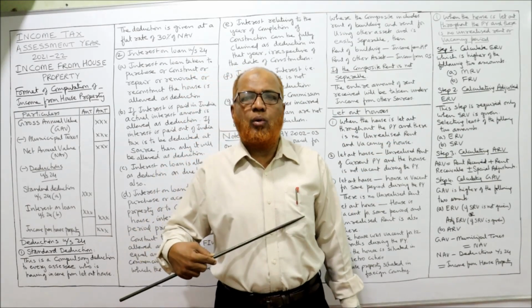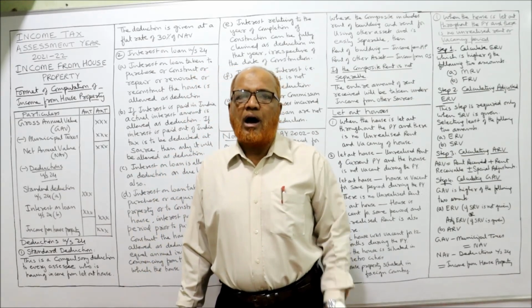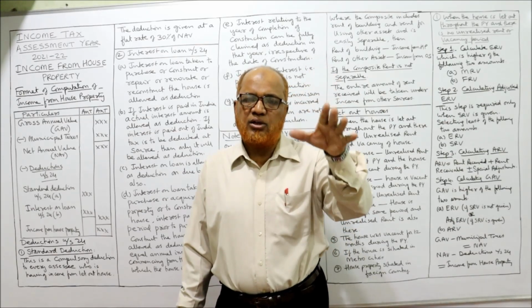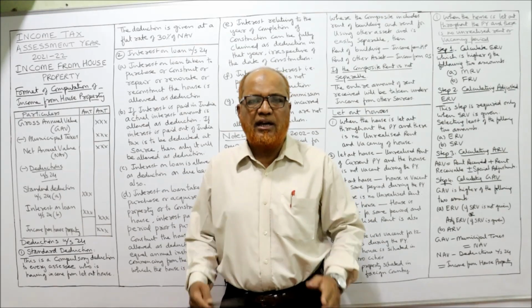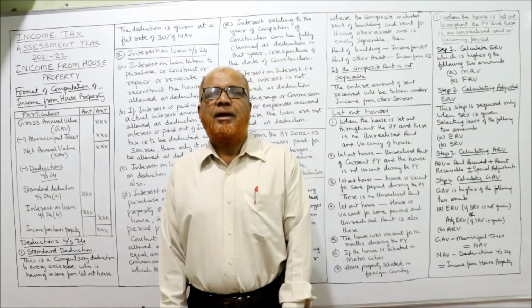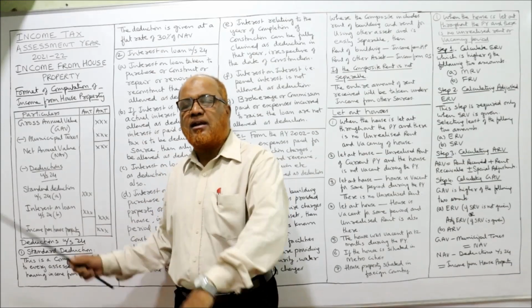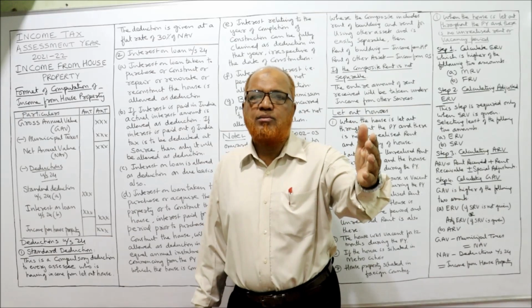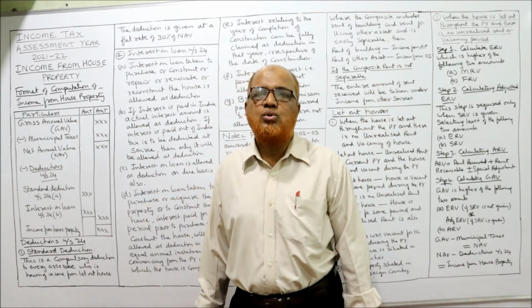For example, I am the owner, I am charging 40,000 rupees from my tenant. Out of 40,000, I say to the tenant that 30,000 relates to the building and 10,000 is the cost of other facilities provided. It is easily separable. The Income Tax Act says 30,000 will be chargeable to tax under income from house property, and the 10,000 rupees separately charged for other facilities will be chargeable to tax under income from other sources.